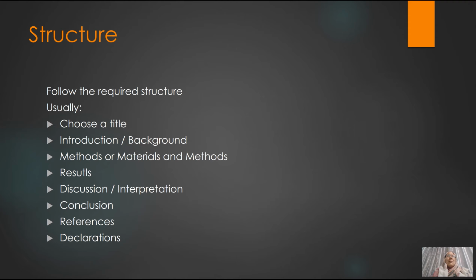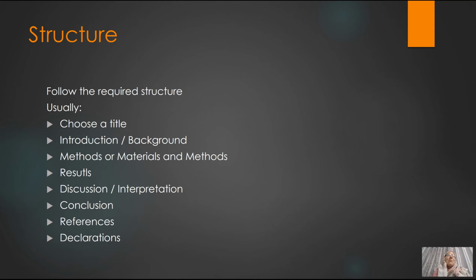Now let us move on to the structure of your article and your paper, and let us look at what is included in every one of these parts of the structure. So we are going to go through the title, the introduction or background. Some journals call it introduction, others background.